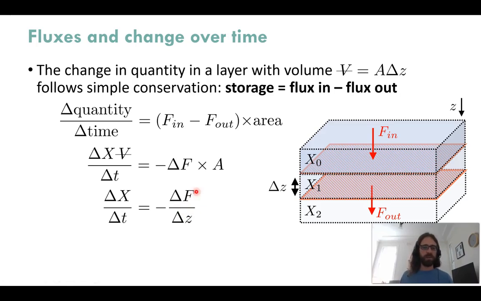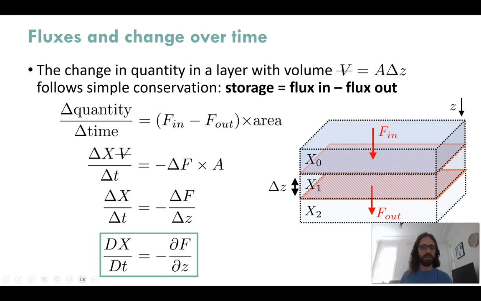And what you can do now is take all of these discrete differences and consider infinitesimally small changes in time and infinitesimally small thicknesses for your layers. And in the limit of those infinitesimal quantities, what is going to happen is that this discrete representation is going to become a continuous representation using derivatives.